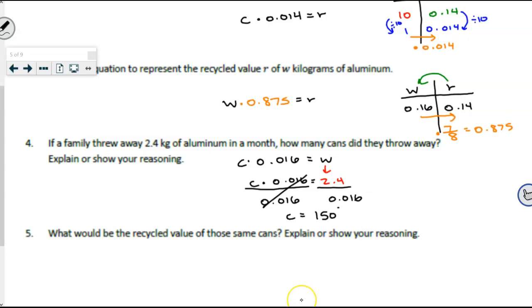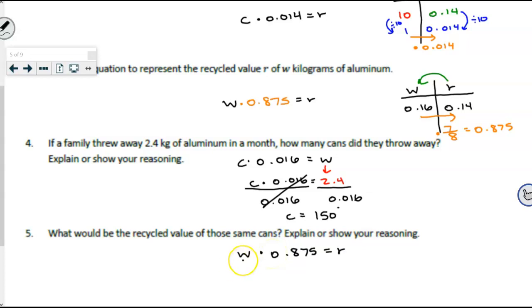Now, there's 2 different ways that we can do number 5. Now that we know the number of cans, we can either use this one, the number of cans multiplied by this constant of proportionality will give us the value, or we can go back to the original information and compare it with the weight. I'm going to do that one. The weight is 2.4. So I'm going to relate the weight to the value.